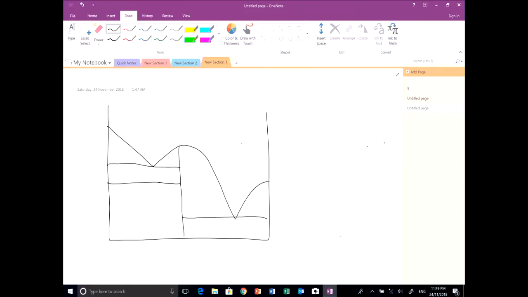Let's label these phase fields. What do I have up top? Okay. And what's in here? What's in this triangle on the left? What's on the sides? Say plus liquid.